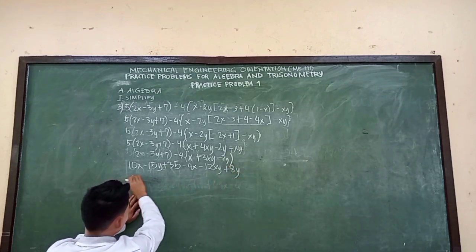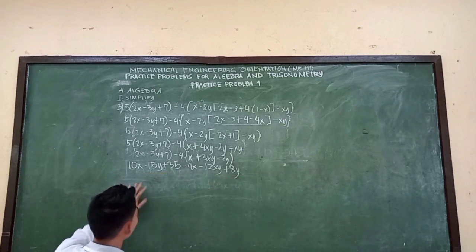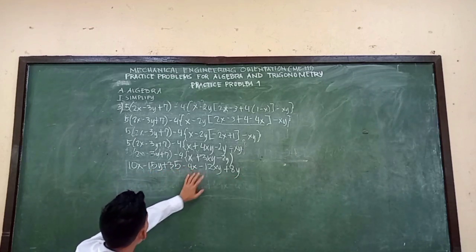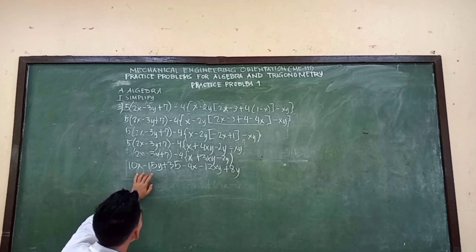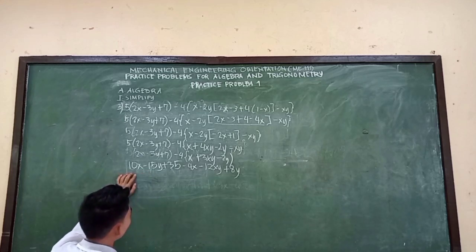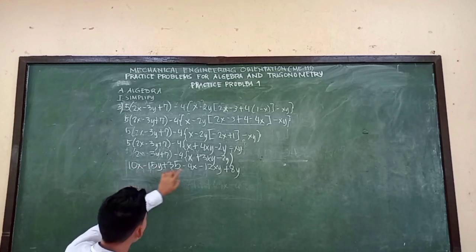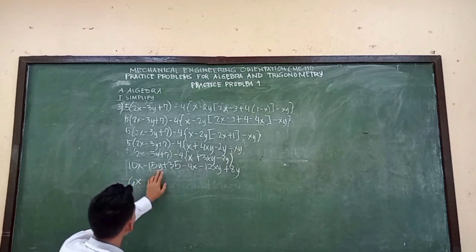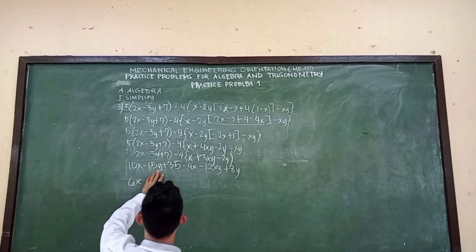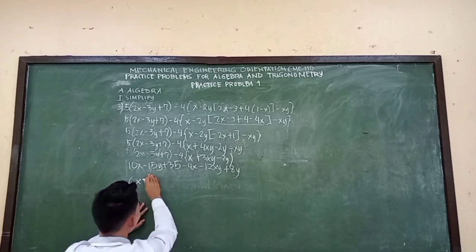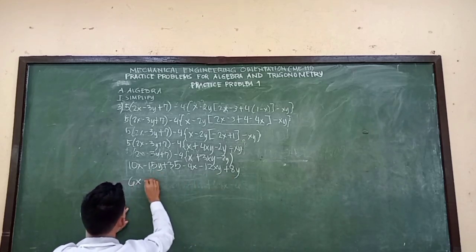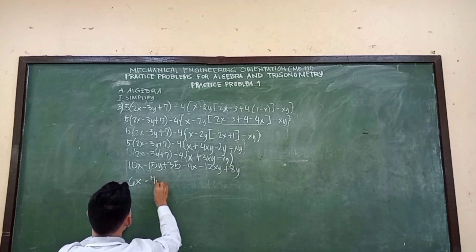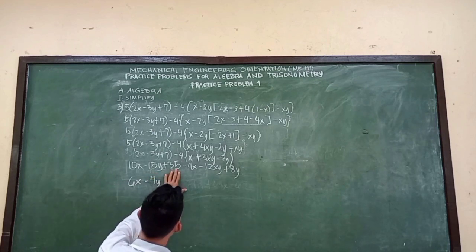Now, all we have to do is combine like terms of this equation. 10x minus 4x is equal to 6x. Then negative 15y plus 8y is equal to negative 7y.